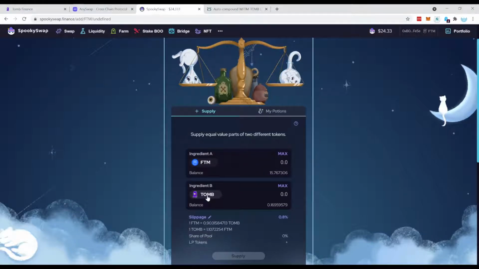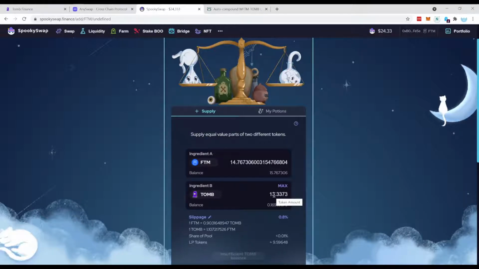I recommend you do this as well, and you will see in a second why, because the nicest gains you get are on this pair right now. So you would need FTM and you would need TOMB in this case. So if you say max amount in FTM, then it tells you the max amount you need in the other token.